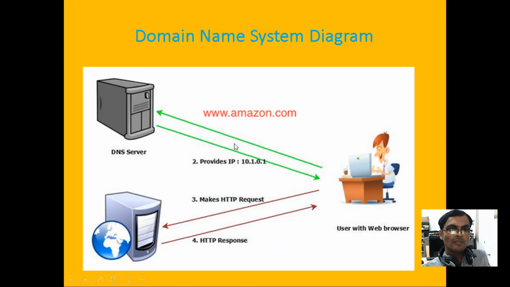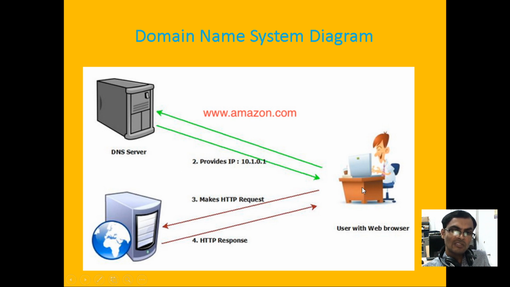Now you can understand this from the diagram. When the user types www.amazon.com in the web browser, the request does not go directly to the Amazon server. The request goes to the domain name system, which converts it to the IP address. This domain name system we can call a name server.